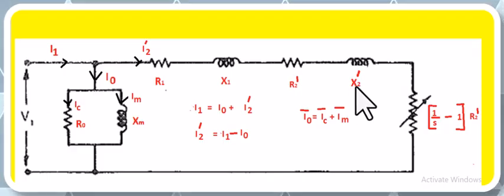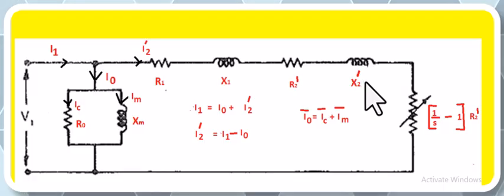Similarly, X2 dash is the rotor winding reactance referred to the primary side, that is the stator side, and if the turns ratio between the stator and the rotor is unity, X2 dash can be written as X2.